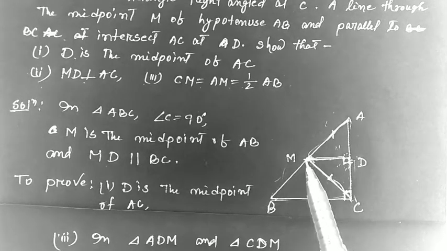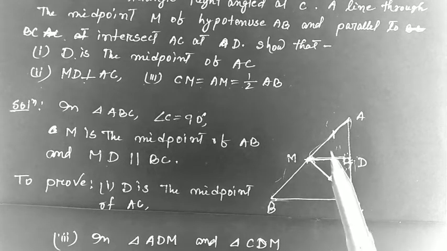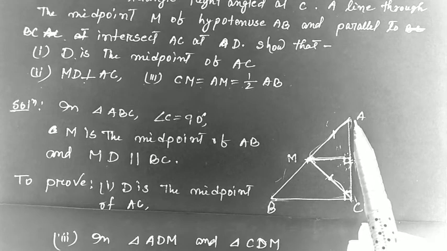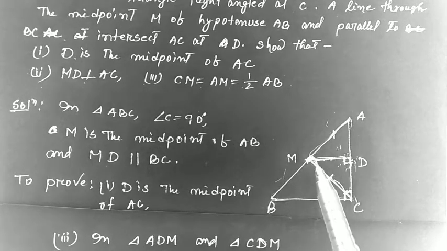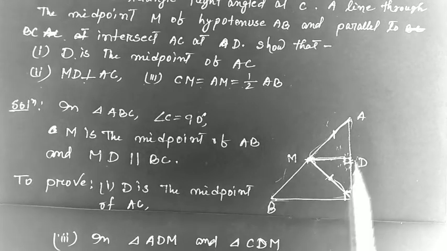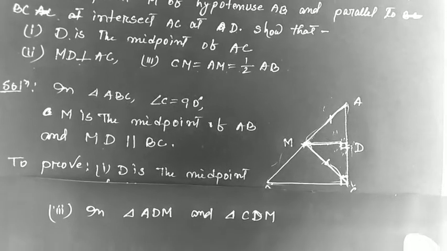Why am I taking in this order? A and right angle, then M. So here C and right angle, then M. In this way we have to take, since these two sides are equal, so these are in the same order, MA and then MC.